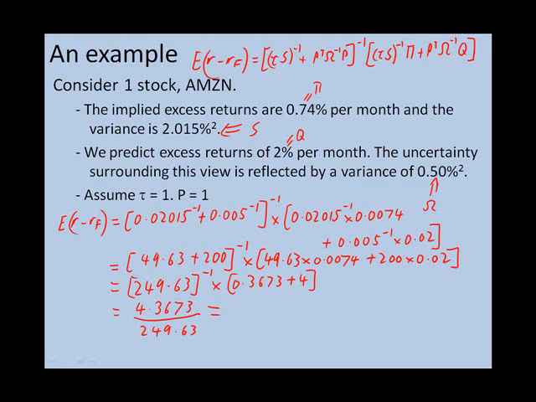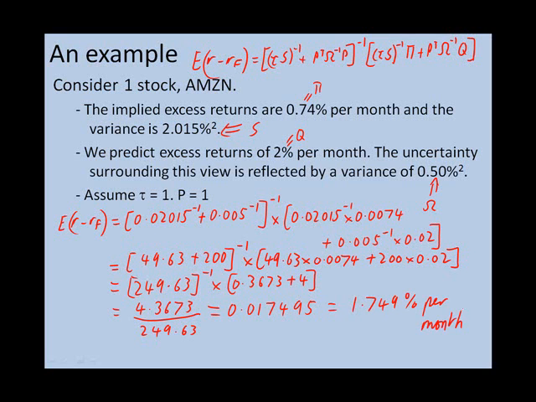And that gives us a value of 0.0179495, which is equal to 1.749% per month. That is our estimate of expected excess returns for Amazon.